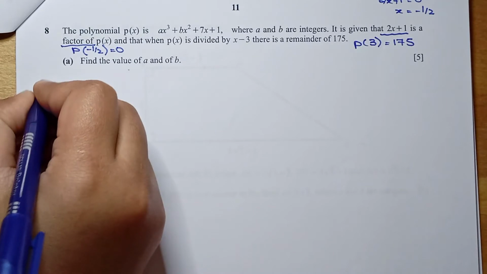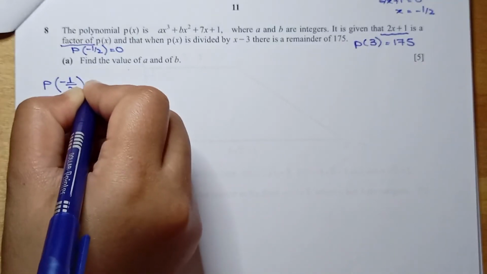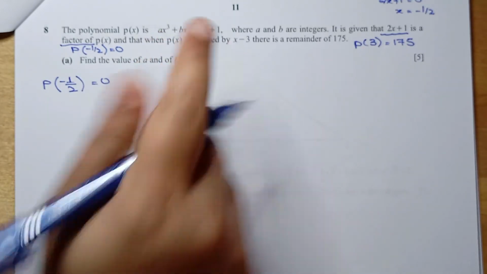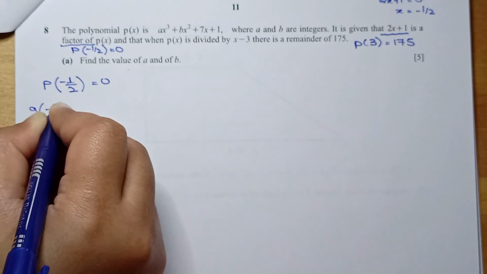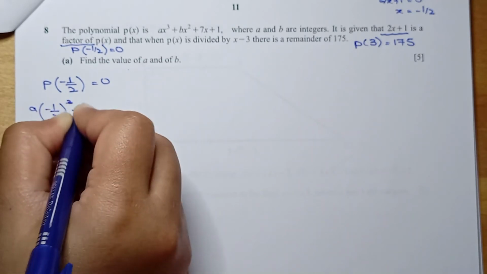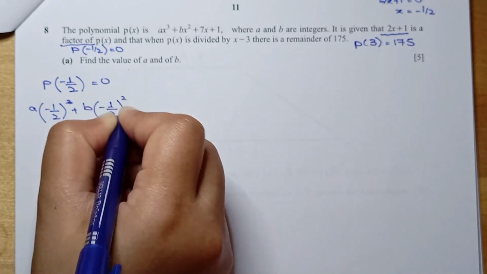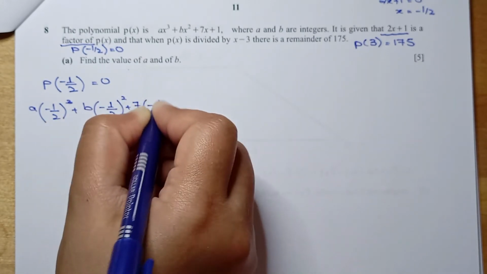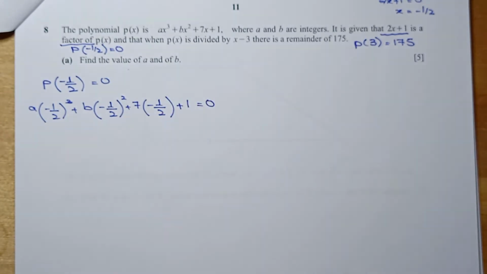So first, p of minus 1 by 2 is equal to 0. So just substitute x equals minus 1 by 2. So a, we have minus 1 by 2 whole cube, plus b, we have minus 1 by 2 square, plus 7 times minus 1 by 2 plus 1 equals 0, right?